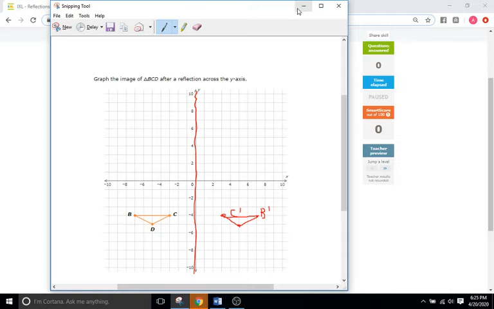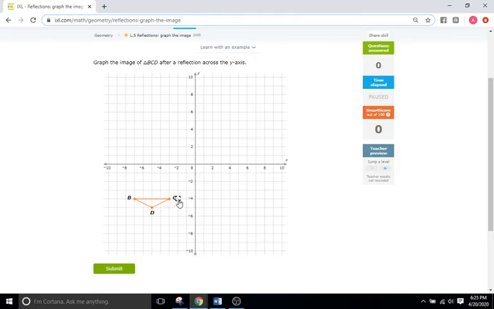So what that looks like over here is we're going to go 1, 2, 3, 4, 5, 6, 7, okay?